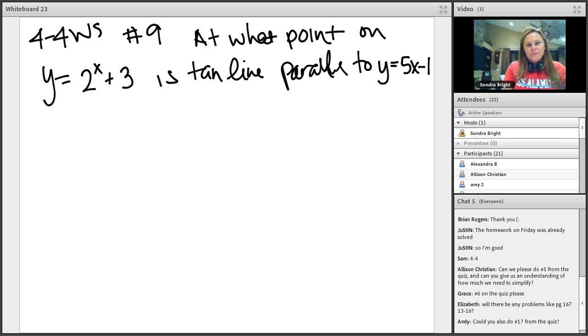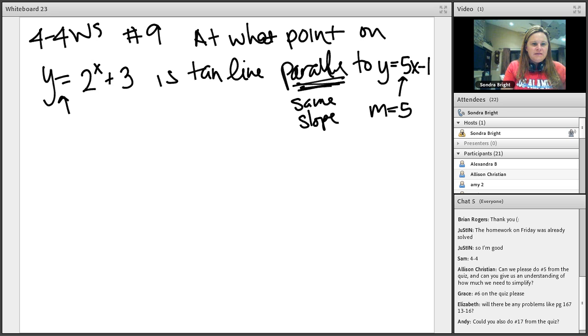Okay, so parallel. Well, your slope is 5, right? The slope is 5 there. And parallel means same slope. So you just want to set the derivative of this guy, dy dx, equal to 5.